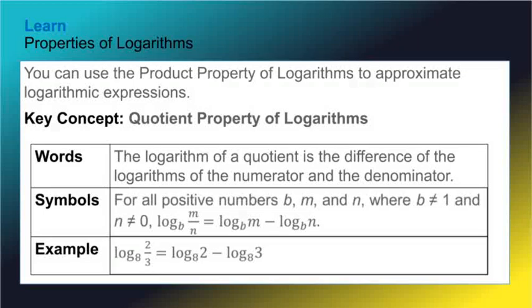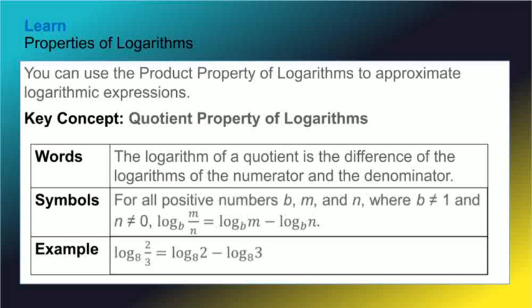The logarithm of a quotient is the difference of the logarithms of the numerator and the denominator. So that's for all positive numbers b, m, and n, where b cannot equal 1. If I have a division, log base b of m divided by n, you would also have subtraction here.